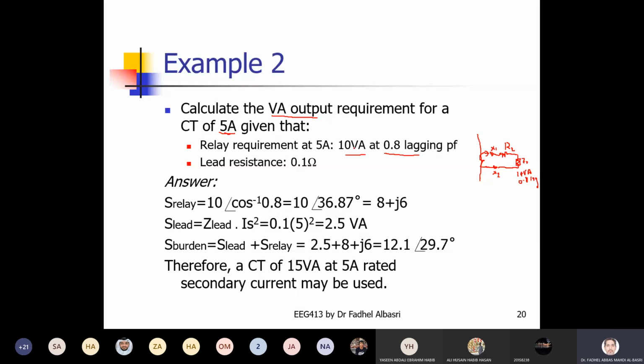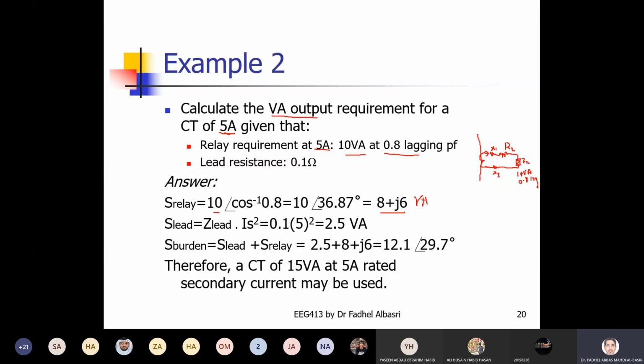So first of all, I will have to find S of the relay. The relay is 10 volt ampere at 5 ampere, so it is 10 volt ampere at an angle of cosine inverse of 0.8. This is the volt ampere for the relay itself.